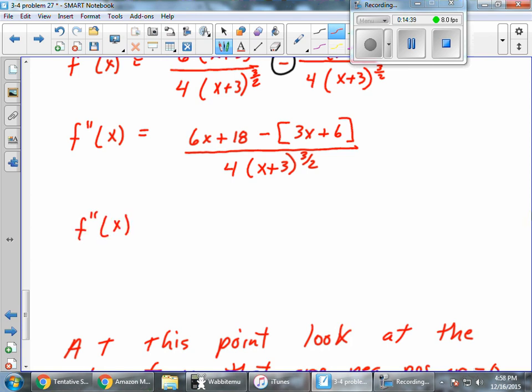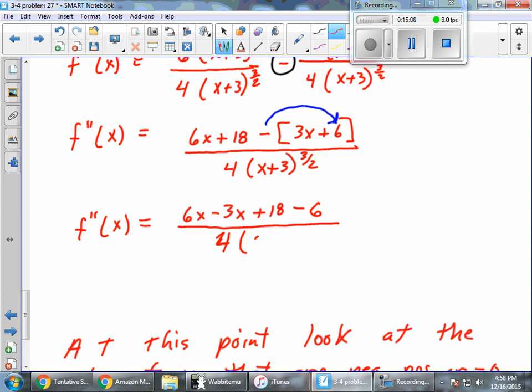f double prime of x equals then 6x minus 3x plus 18. And then it's minus 6. Notice this distributes to this. Think about it like negative 1 times 6. Minus 6 over 4.